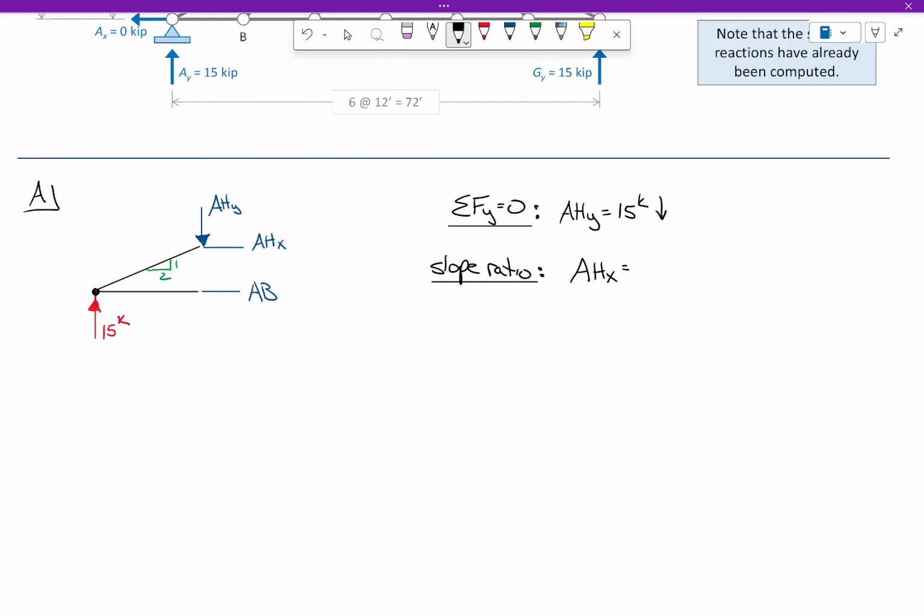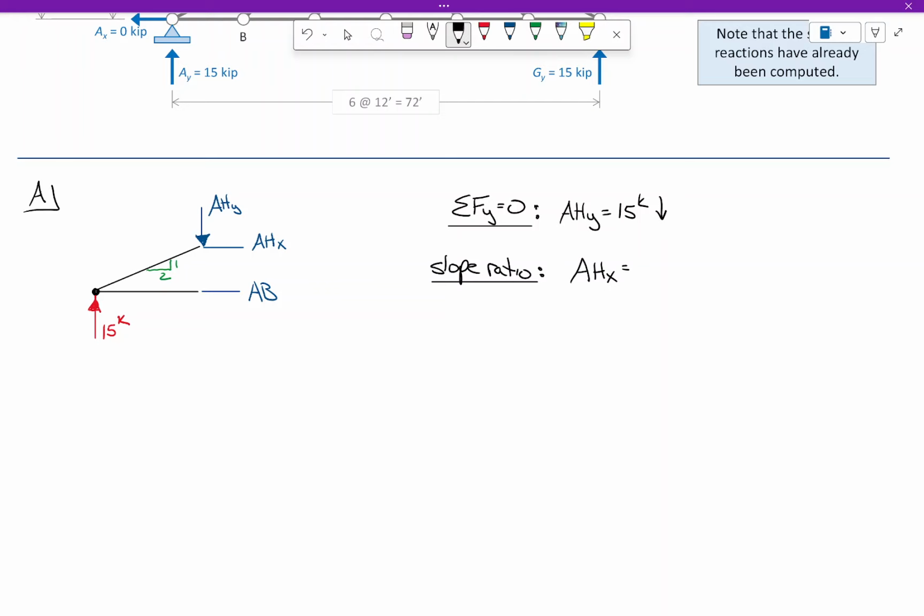Okay? So how am I going to compute AHX given AHY? What am I going to do? It's going to be times 2, right? Because the horizontal component's got to be bigger. So the question is, do you multiply it by 1/2 or do you multiply it by 2/1? And you're going to multiply it by 2/1 because the horizontal component has to be bigger.